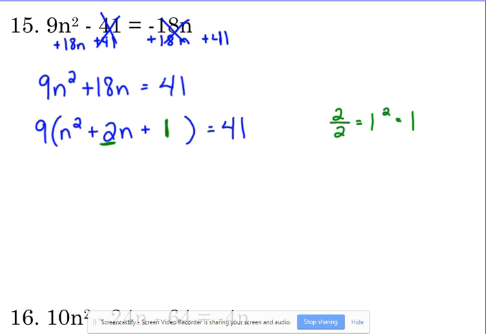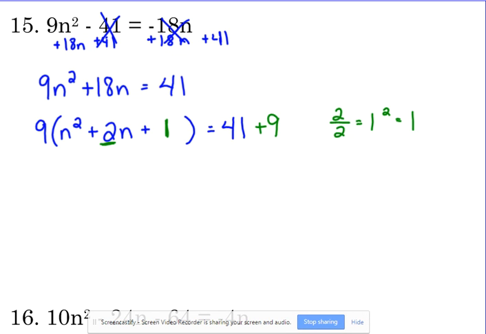Because we have that GCF of 9 in front of these parentheses, we don't add 1 to the other side. We've got to add 1 times 9 to the other side. So we've got to add 9 to the right side. When there's a GCF in front, before you add the number to the right side, you have to multiply that number by the GCF.